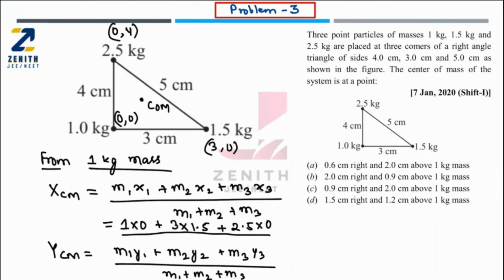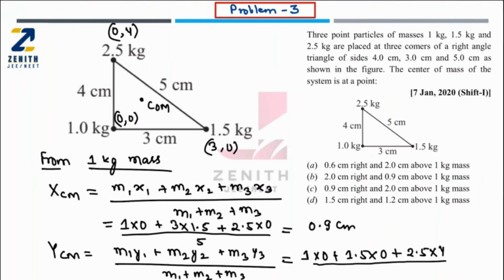Total mass will be 5. So if you solve, you will get 0.9 centimeter. Similarly, m1 y1, what is 1 into 0, plus 1.5 is the mass, and y2 is 0, and 2.5 into y3 is 4, divided by total mass 5. So this is nothing but 10 divided by 5, 2 centimeter.